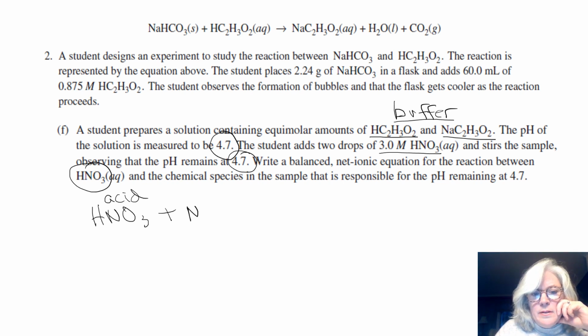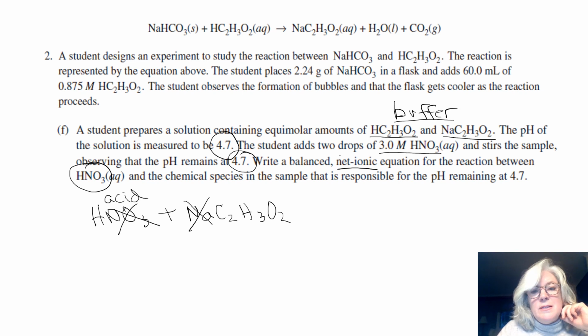So I know that it's going to react with the basic part of my buffer. But they're asking me to do a net ionic, so I've got to get rid of any spectator ions. In other words, those things that are totally soluble and remain in solution.